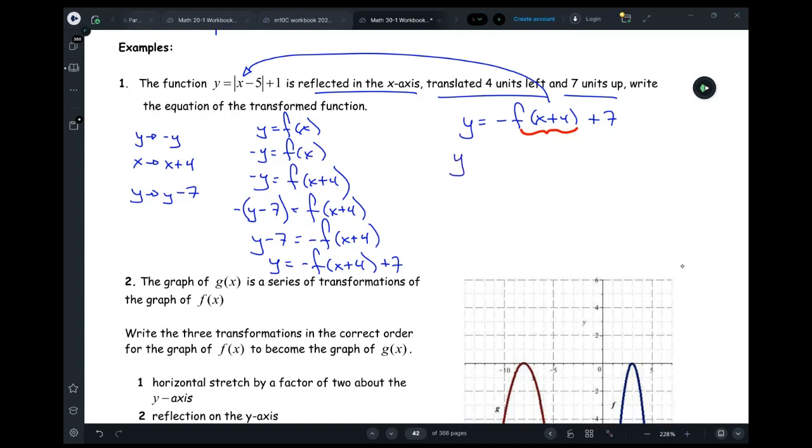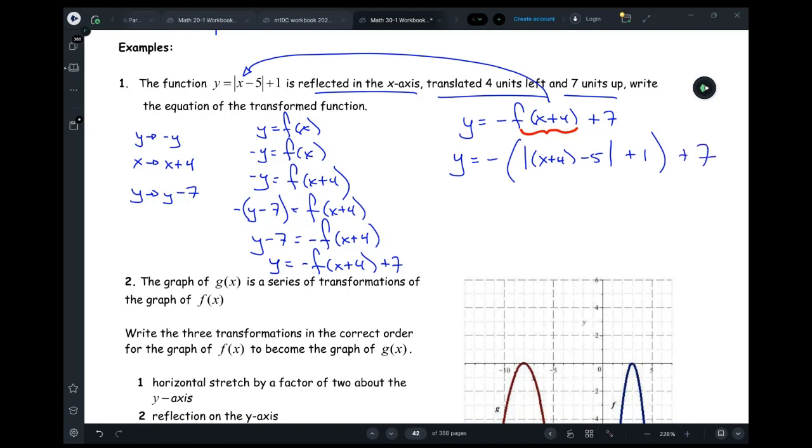And so this is going to end up being the absolute value of x plus 4 minus 5, and then I've got this plus 1. And now that is my function. That is f of x with the x being replaced with x plus 4. This whole thing is now being multiplied by a negative out front, and then I'm adding 7 to it.